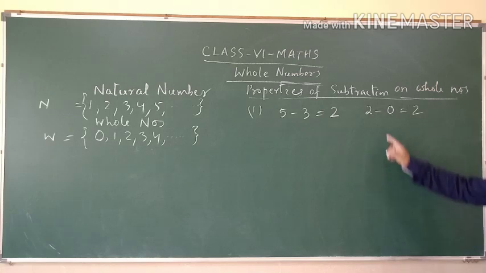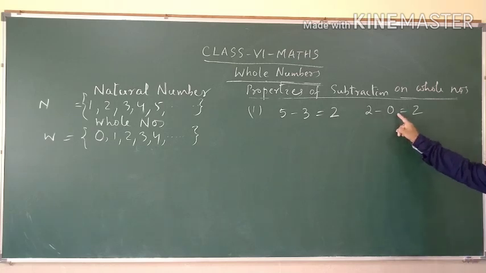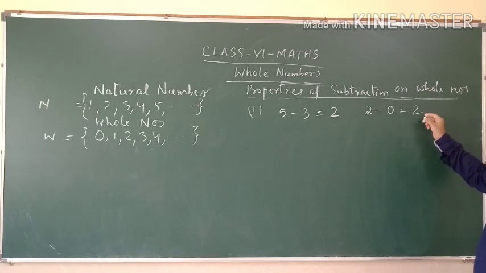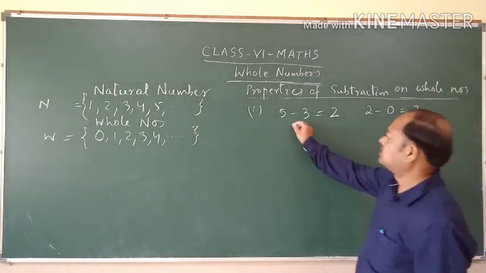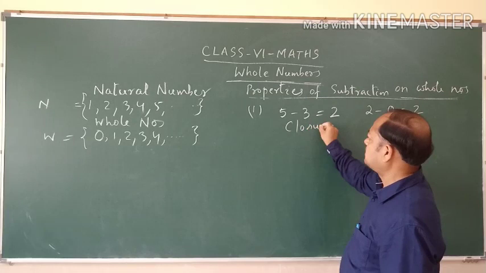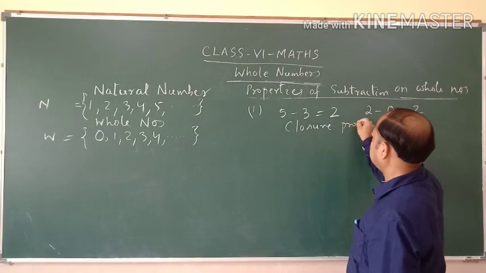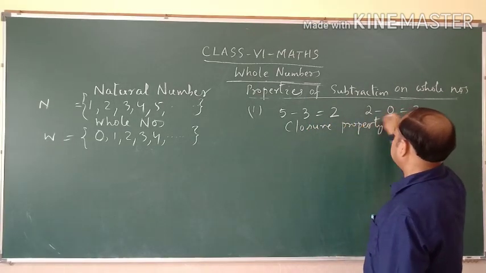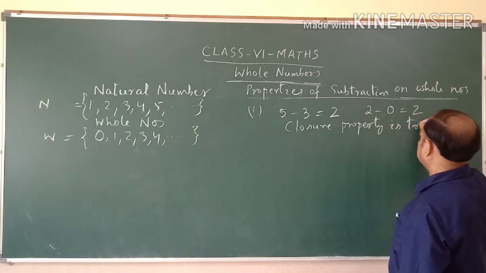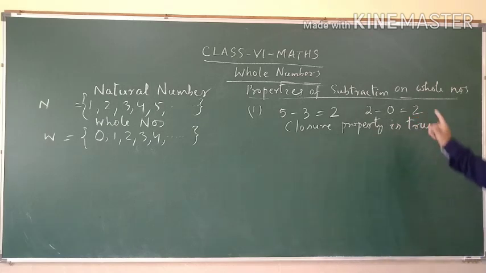So 2 is a whole number and 0 is a whole number, and the result 2 is a whole number. That means closure property is true in case of subtraction.